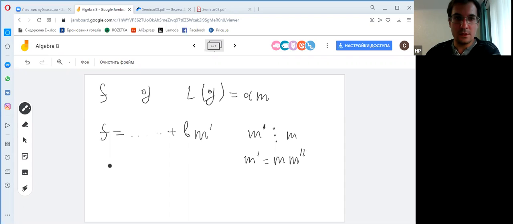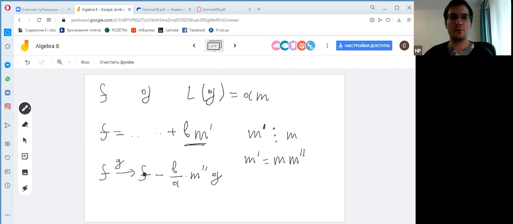Then we say that the reduction of f by polynomial g is equal to f minus b divided by a multiplied by m double prime multiplied by g.